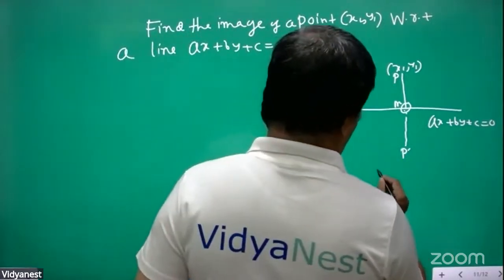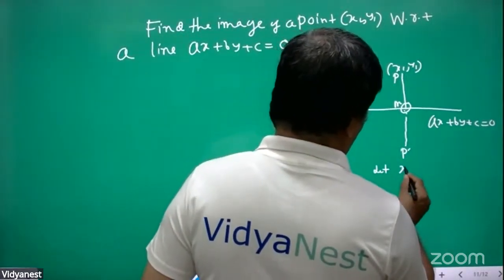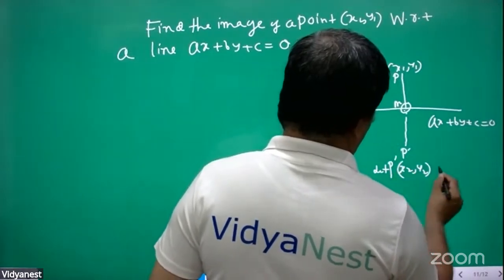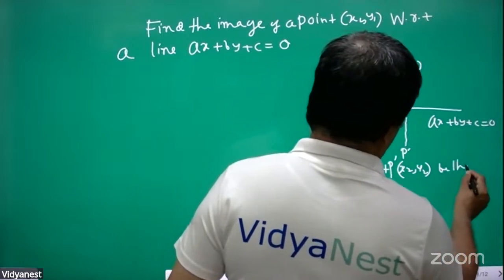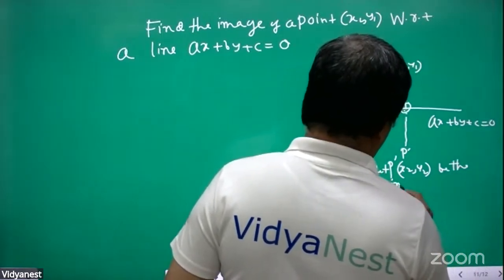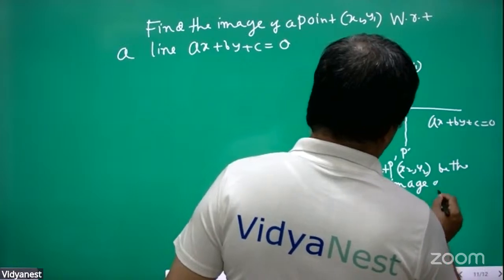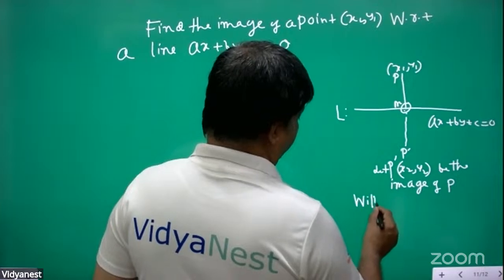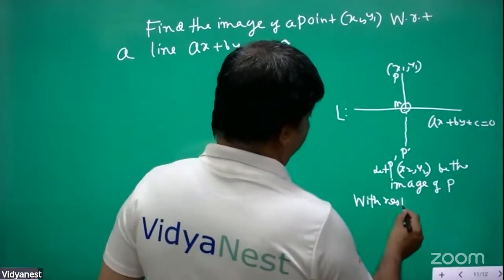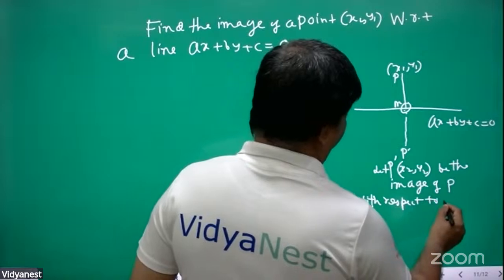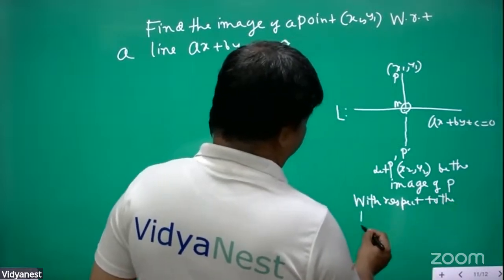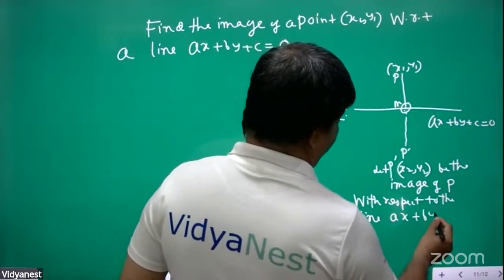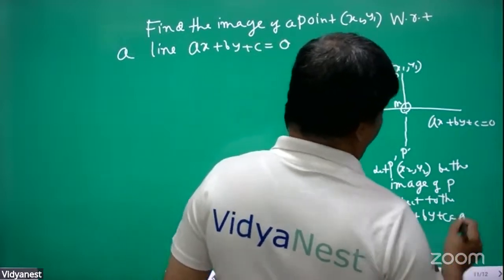Suppose you let (x2, y2) be the image of P with respect to the line ax plus by plus c is equal to 0.